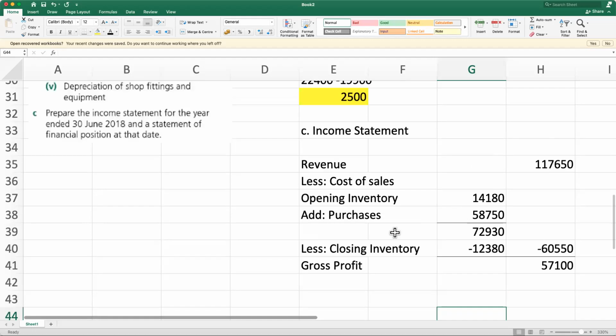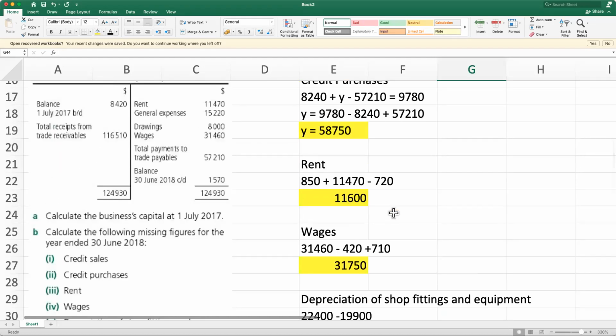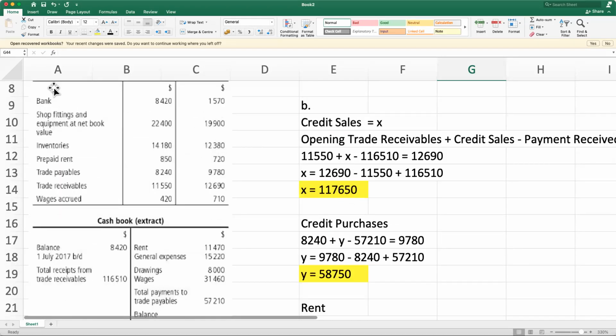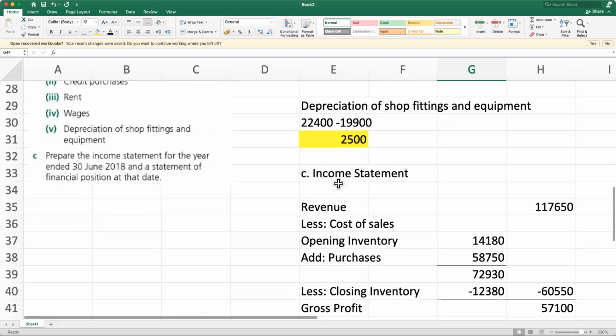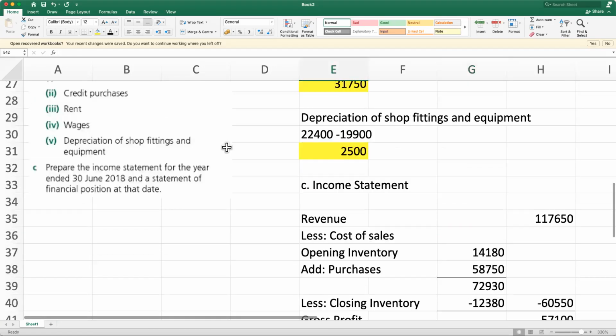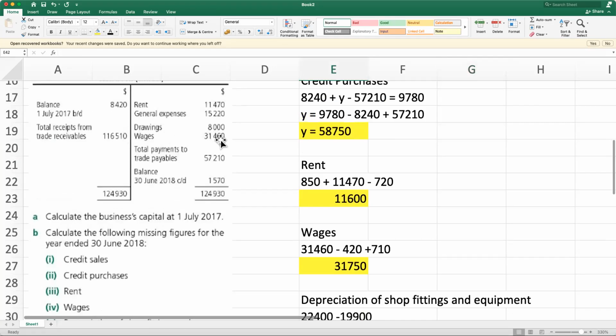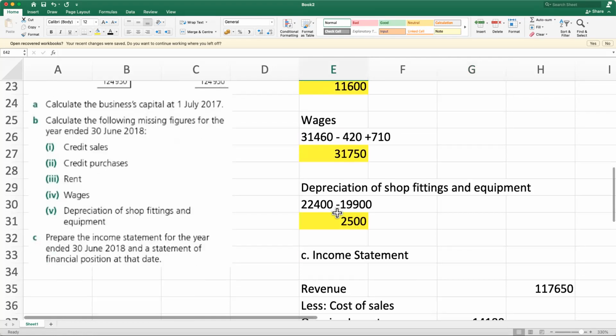And pretty much sorted up to here. Now you need to minus all your expenses that you have made, so things that you have used. So I'm just going to look at what we need here. We need our rent, wages, depreciation, and something else. So let's put this wages or general expenses. Okay.